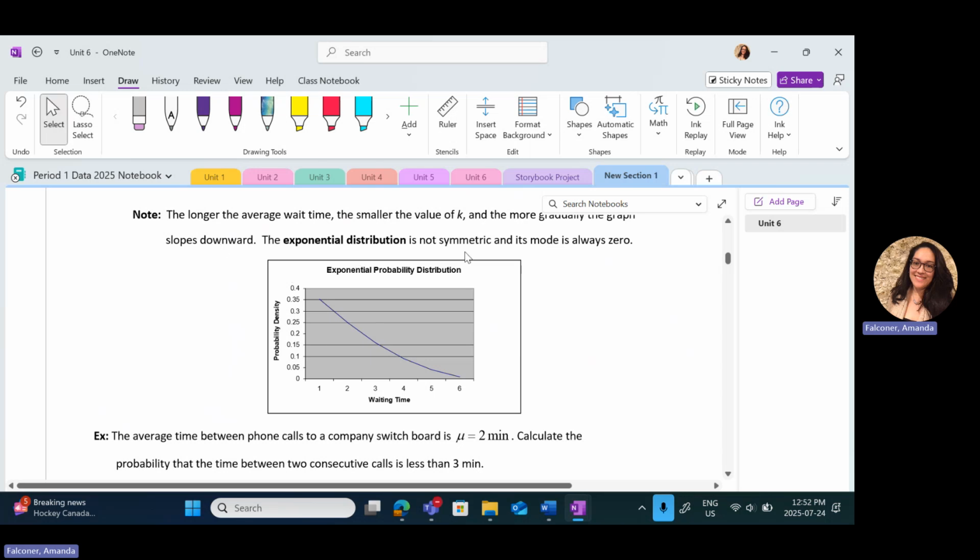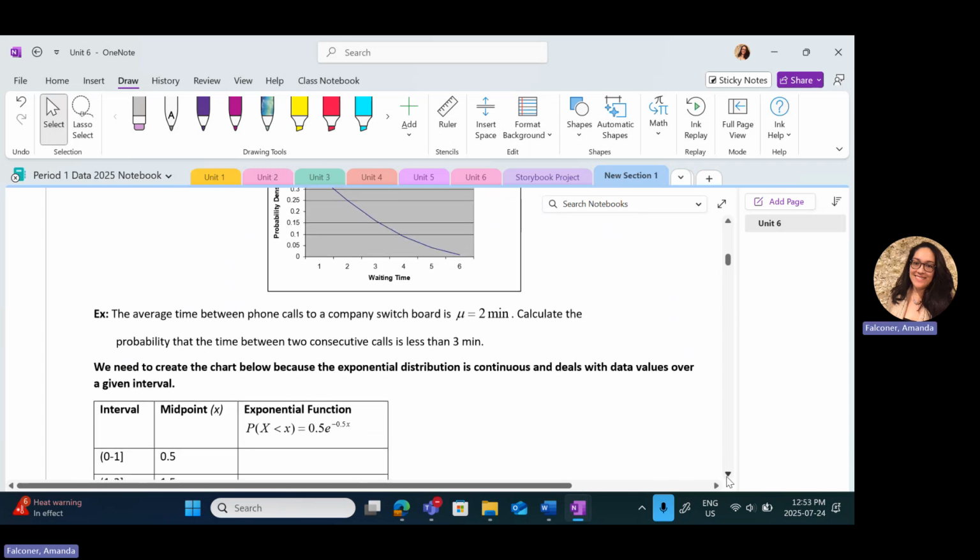The exponential distribution is not symmetric, and its mode is always 0. So the longer the waiting time, the less likely it is to happen. And when we use this formula, we're going to be losing a bit of precision because the formula is really finding the area underneath each time interval.